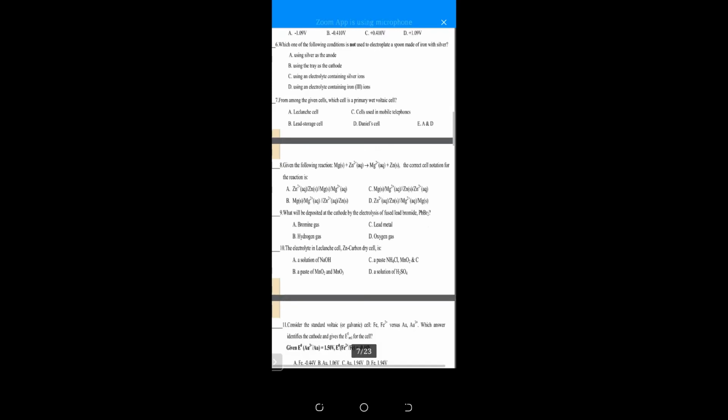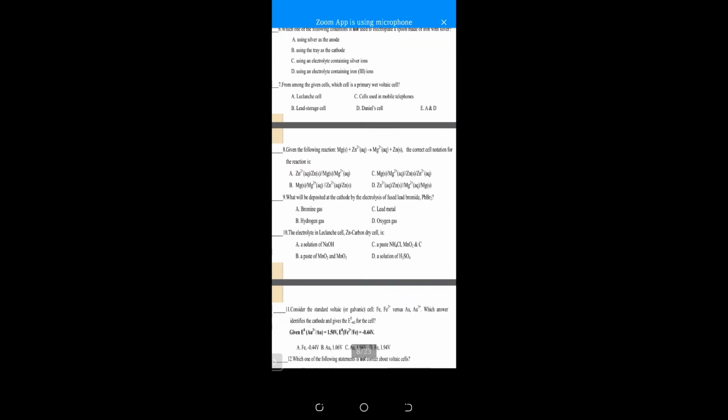Number 7. From among the given cells, which cell is primary wet? Already we discussed before. The options: Leclanche cell, lead storage cell, cell used in mobile telephone, Daniell cell.